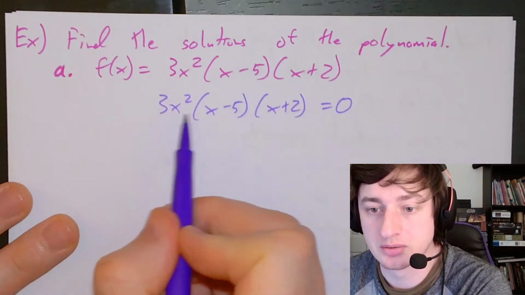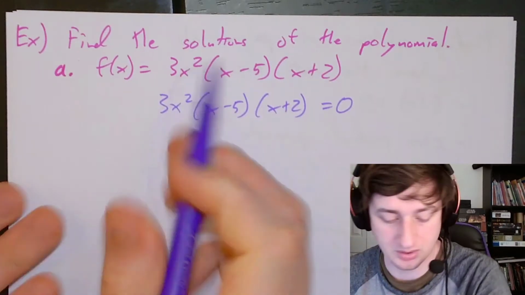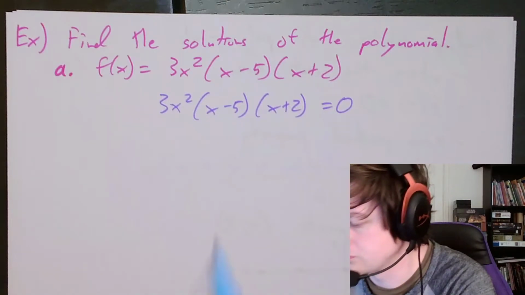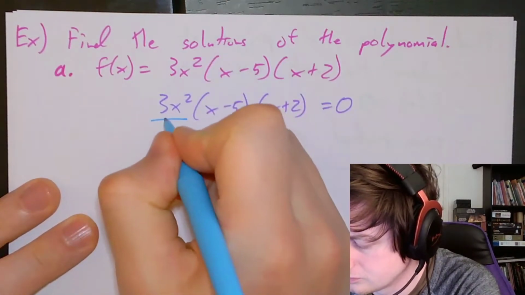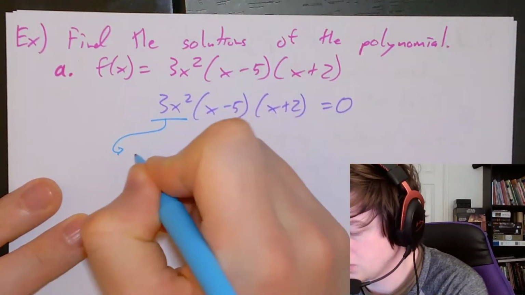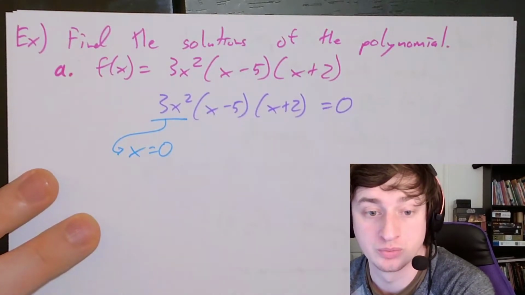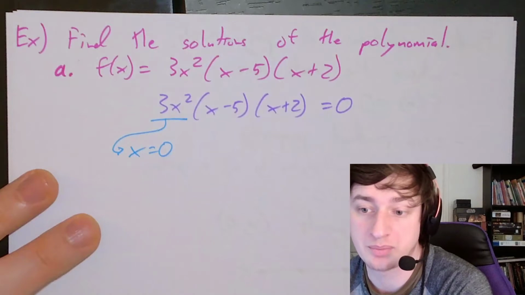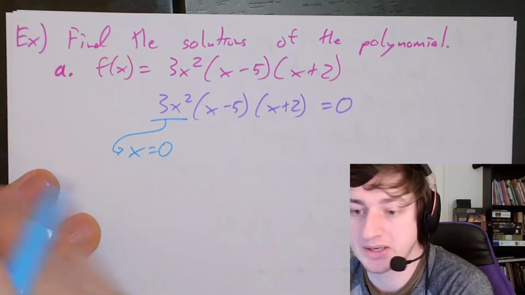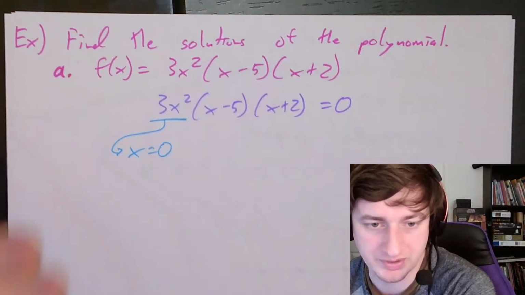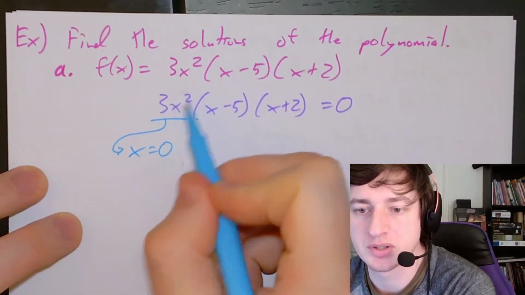So this right here, this piece, let me use a different color. Which means we get x equals 0 with a multiplicity of 2. We get 2 copies of x equals 0. We don't need to write x equals 0 more than once, but we do, when we're graphing it, need to remember that this is a multiplicity of 2.